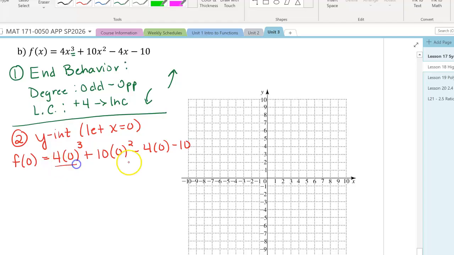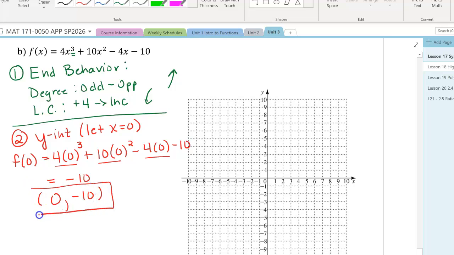All these terms with a 0 in them are going to go away because you're multiplying something by 0, it's just 0. And 0 minus 10 is negative 10. So our y-intercept is 0, negative 10.